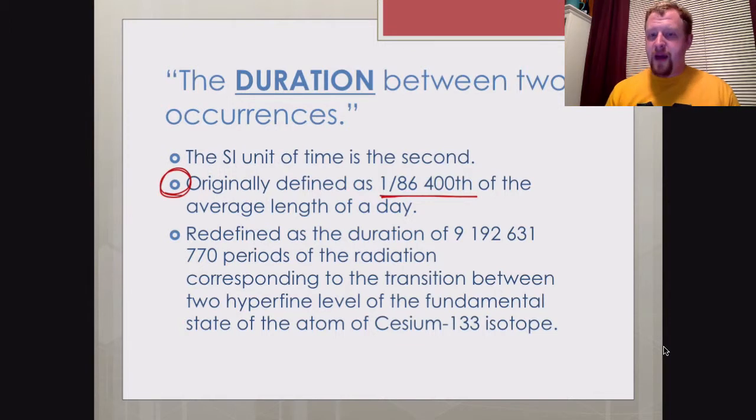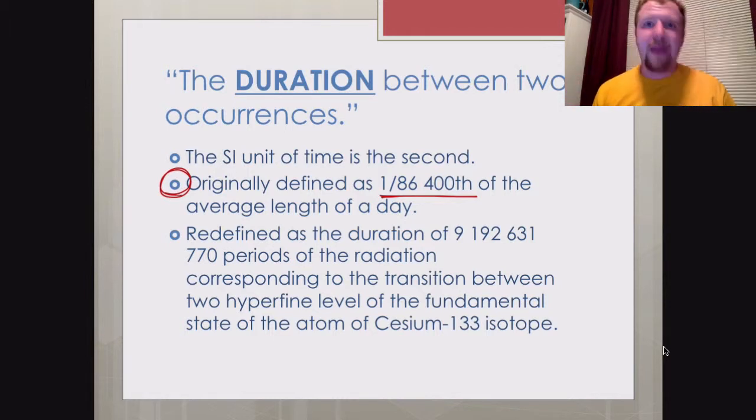So they then came up with this really crazy definition for a second as the duration of 9,192,631,770 periods of the radiation corresponding to the transition between two hyperfine levels of the fundamental state of the atom of cesium-133 isotope. I know it's so exciting, but I'm sure you don't probably have any idea what that means. Many people don't.